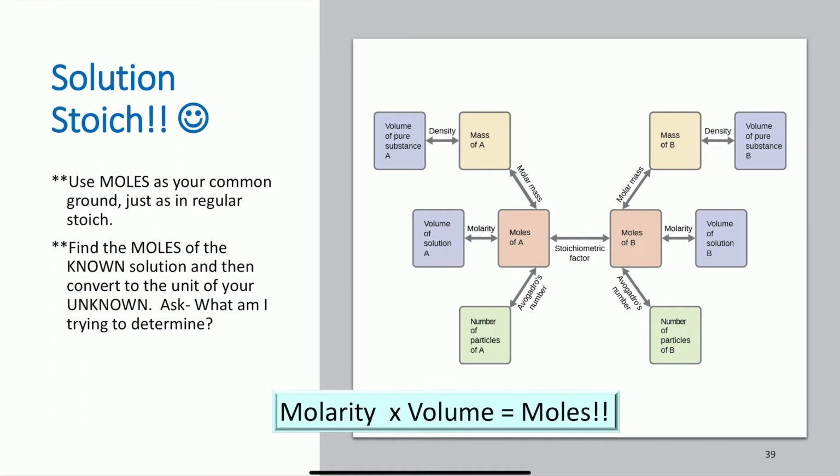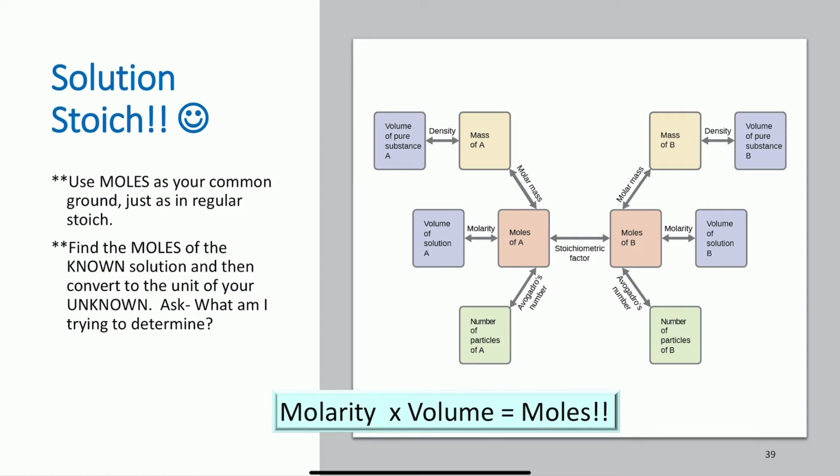Now, there's different ways to find moles. If given the volume of a pure substance, we use density to get to mass of A, molar mass to get to moles. If given the volume of a solution, we use molarity to get to moles. Number of particles of A, Avogadro's number. So the main conversion factors you have here: density, molarity, and Avogadro's number. Density is if it's pure.